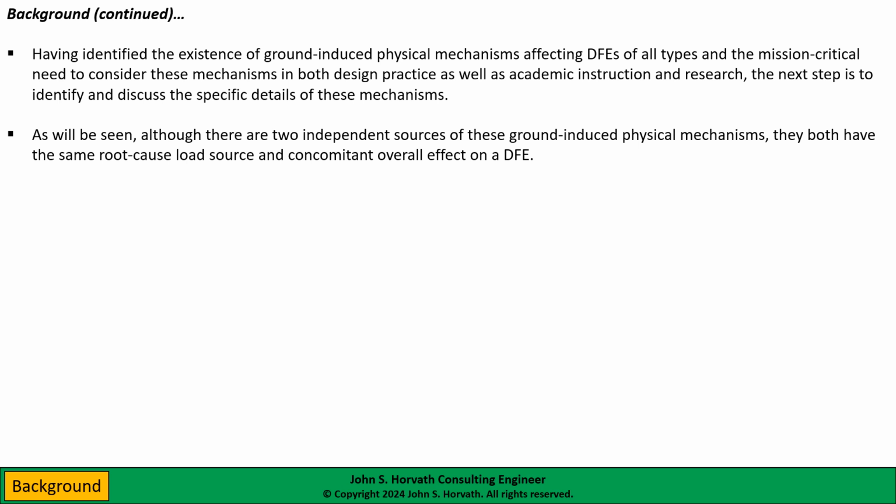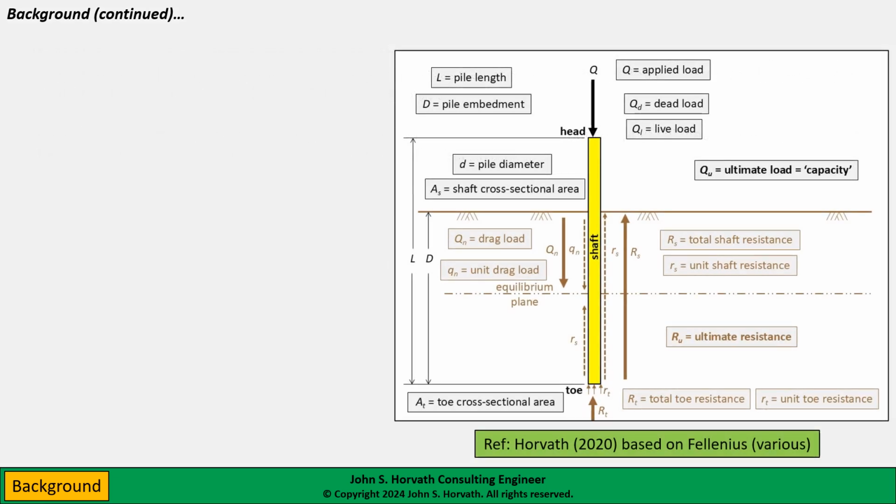As we'll see, there are two independent sources of these ground-induced physical mechanisms, and they both have the same root cause, load source, and concomitant overall effect on a DFE. So we can discuss some of the common elements before moving on to the specifics.